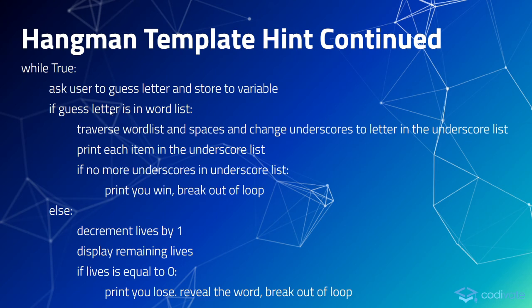Otherwise, if the user guesses a letter that's not in the word, we'd have to decrement lives by 1, subtract 1 from lives, display the remaining lives, and in the case that they have no more lives, we'd have to print you lose. We have to reveal the word and break out of the loop because the game is over.